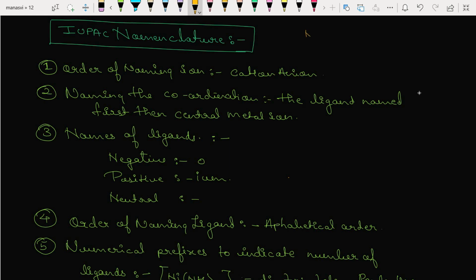For example, if we take NaCl, we name it sodium chloride. We never say chloride sodium. Why? Because cations are named first and then the anions come.